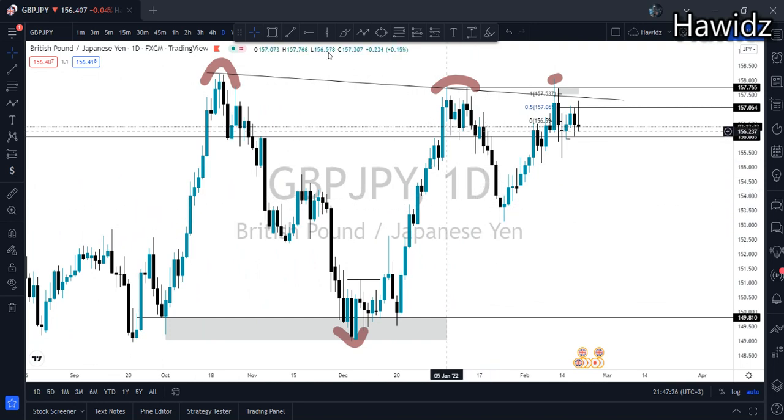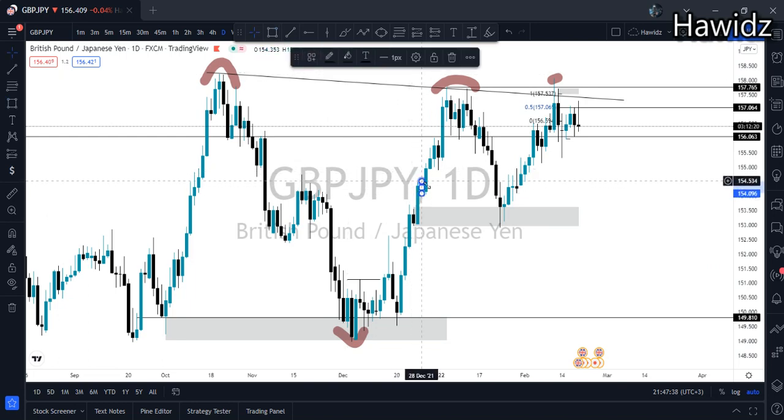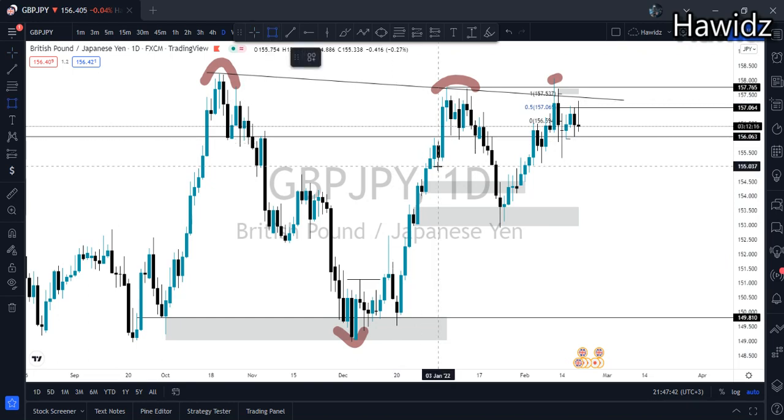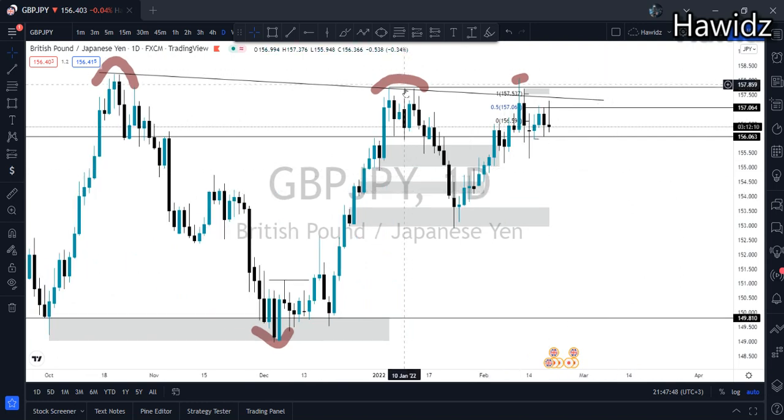When price came down, of course, dumb traders were looking to buy out of these S&D zones. So probably the first one was right here. A dumb trader would have set their S&D zone like this, saying, once price comes here, I buy. So price comes, and it takes them out.